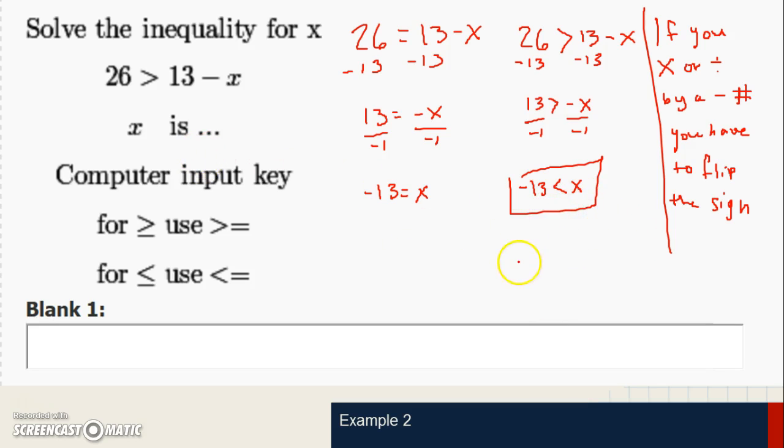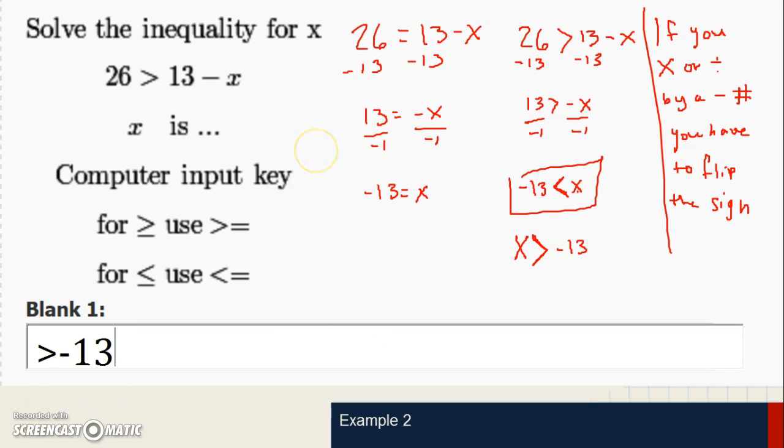So what is x? Well, x is greater than, see how this inequality sign is trying to eat the x? So x is greater than -13. When I type it in, I'll write greater than -13.